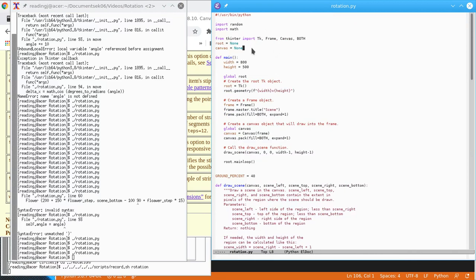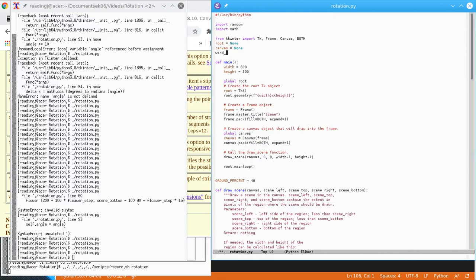All right, so let's have a wind speed, and we'll start it off at 4 miles an hour.